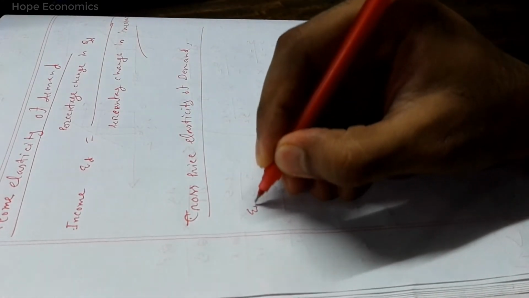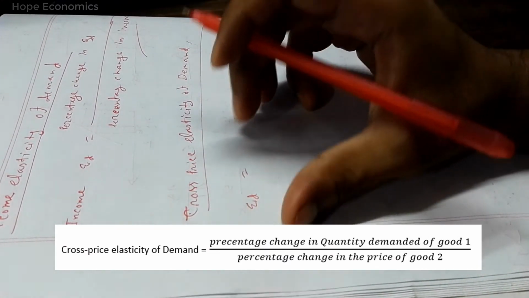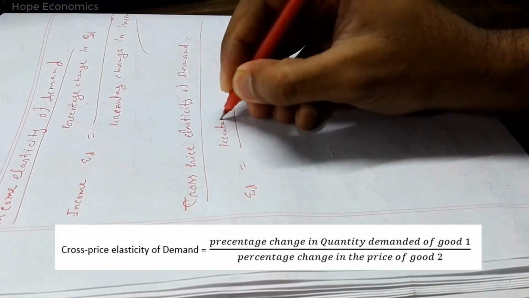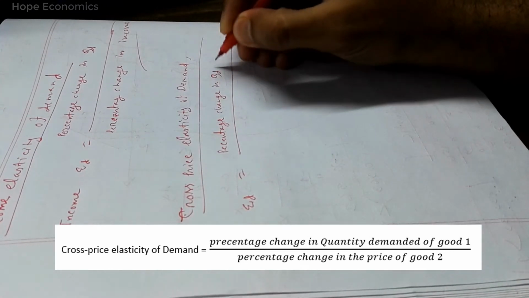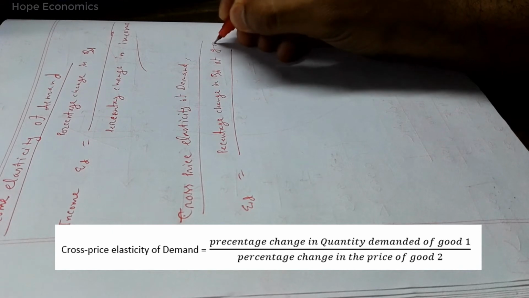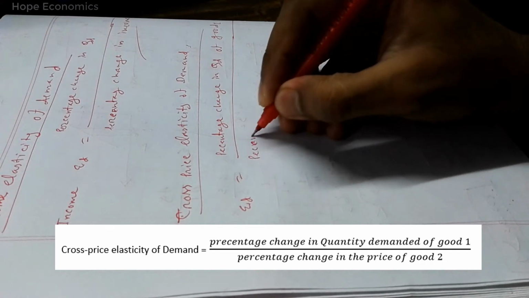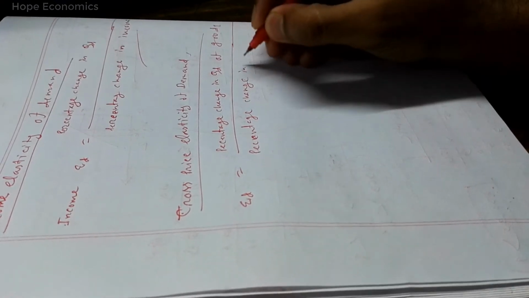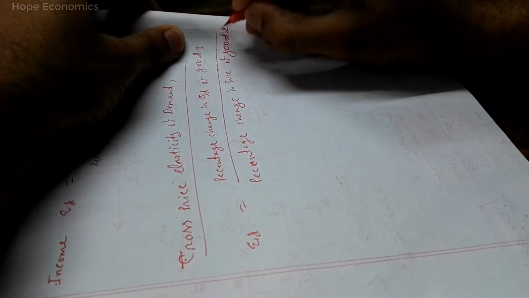So the basic law of cross price elasticity, the equation, is the percentage change in quantity demanded of good 1 divided by the percentage change in price of good 2.